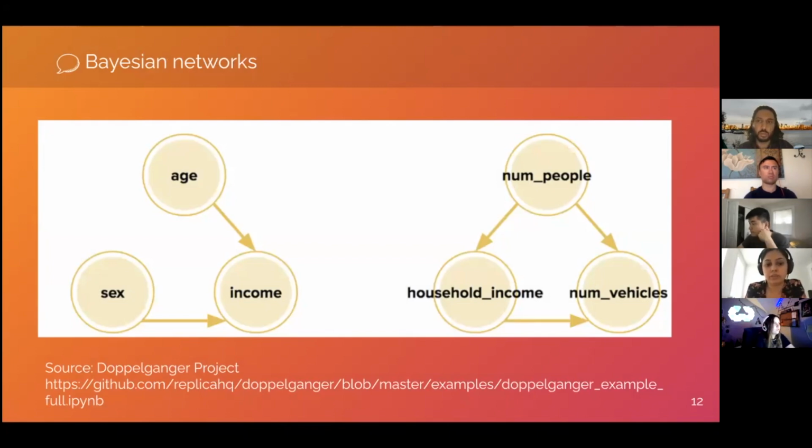Basically, the way to explain it is there's a Python package called Doppelganger, and it basically finds patterns in the data and uses those patterns to understand what the data should look like if it is representative of the population.